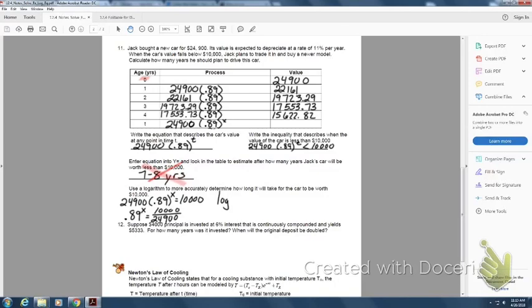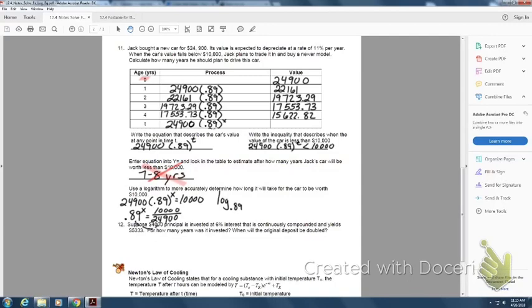What is the base? What is being raised to the power of x? So log base 0.89 of, you want to do that whole fraction.